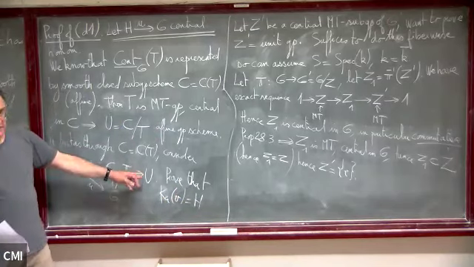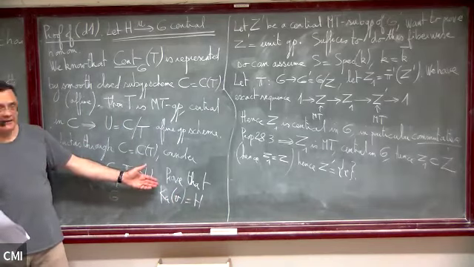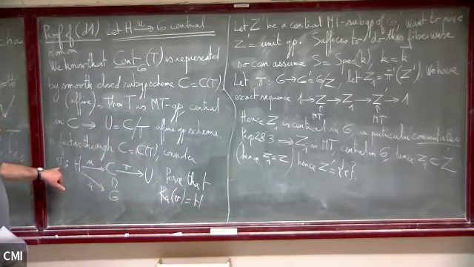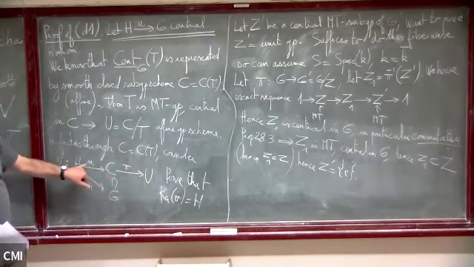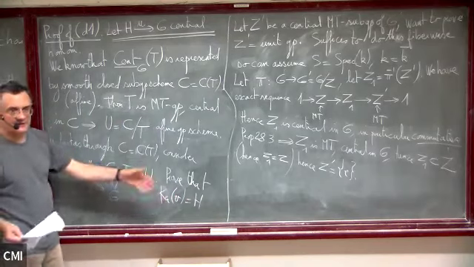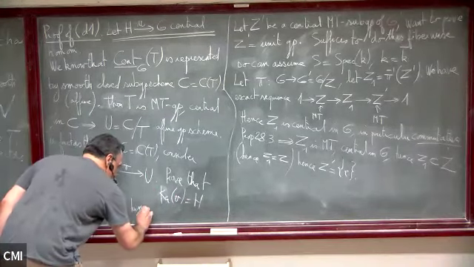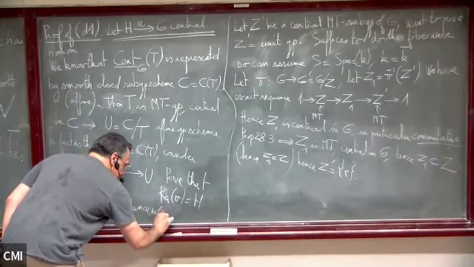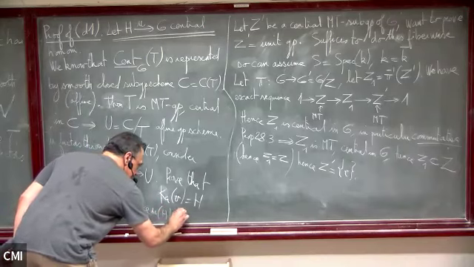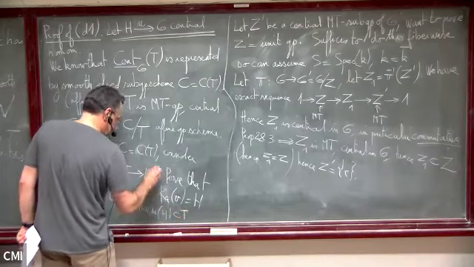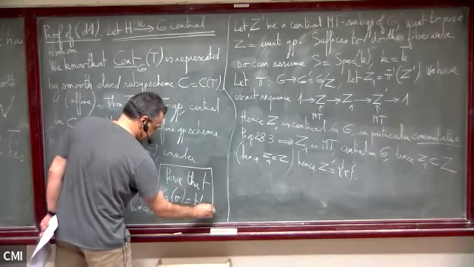And if we prove this, then we are done, because if V is the trivial morphism, this means that U factors through the kernel of pi, which is T. So hence we will have that U of H is contained in T, which is what we want. Okay, so we have to prove this.